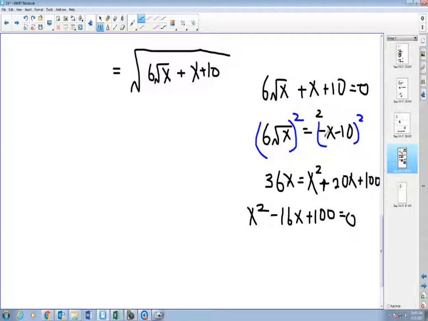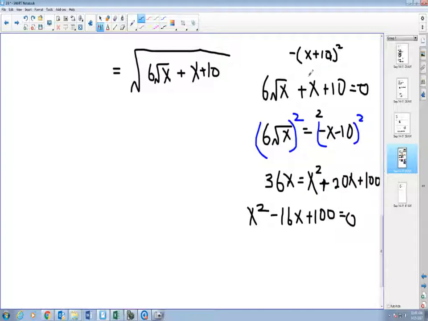Okay, let me make sure my sign is correct. If I factor out both negatives here, negative parenthesis x plus 10 whole thing squared, my sign could be off, because the formula we normally use for the perfect square binomial doesn't really include both of these being negative.